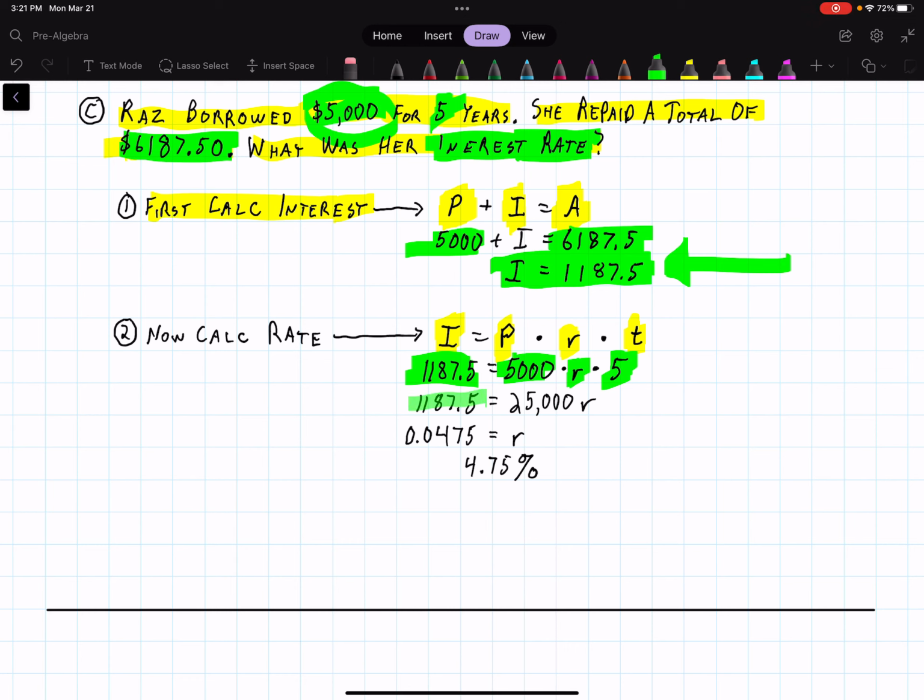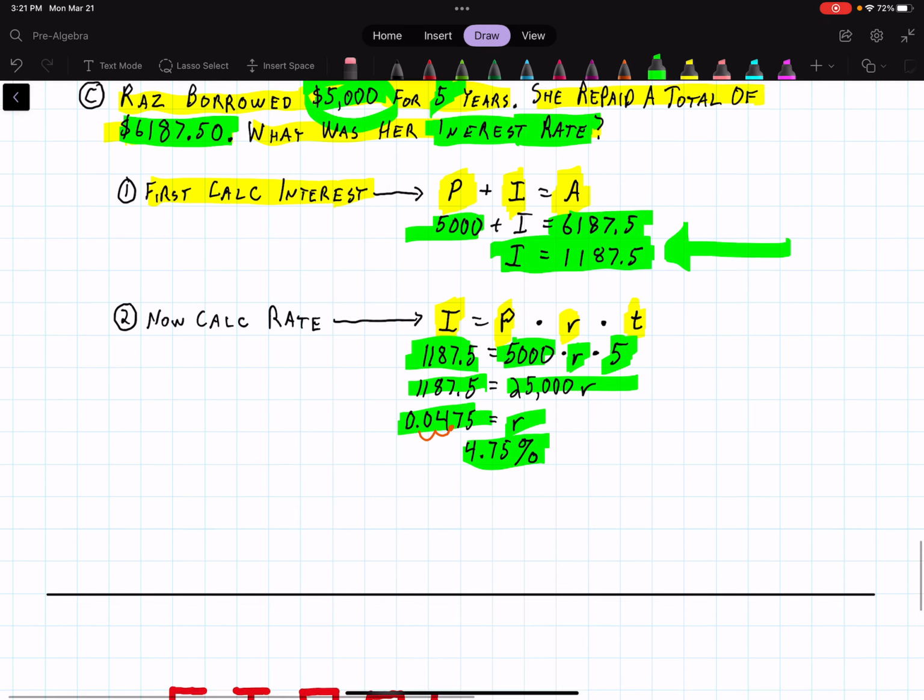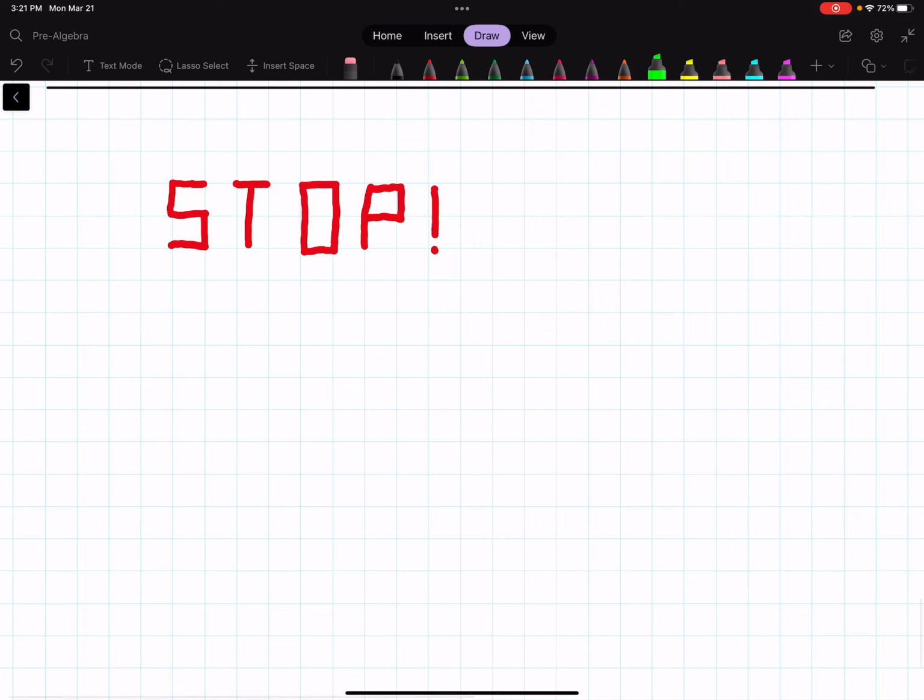Multiply that out, you get 1,187.50 equals 25,000R. Divide both sides by 25,000, you get 0.0475. Move my decimal place over 2, and I end up with 4.75% in interest. And that is the end of the lesson.